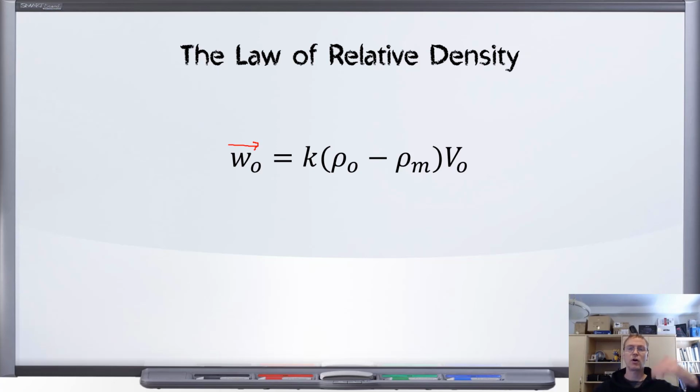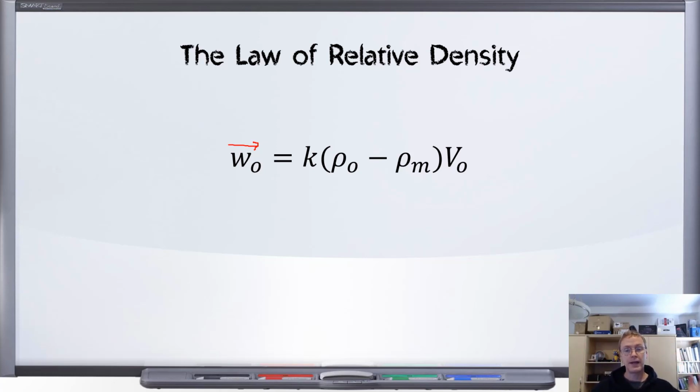An arrow symbol over that will indicate that is a vector term. That term has both magnitude and direction to it. Now, these other terms, volume and density, they do not have any direction, so we will not put arrows over those. That just indicates those are scalars, which means magnitude only.